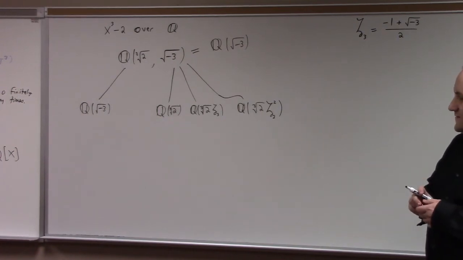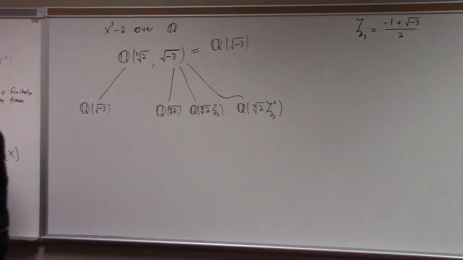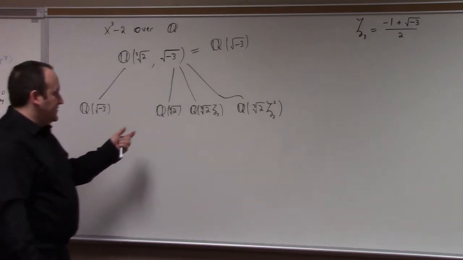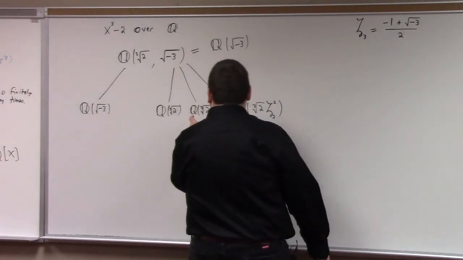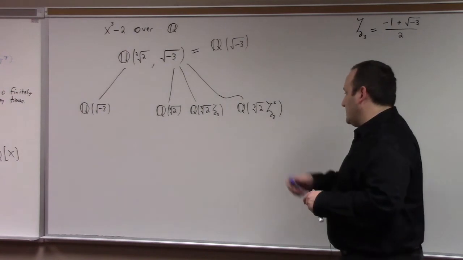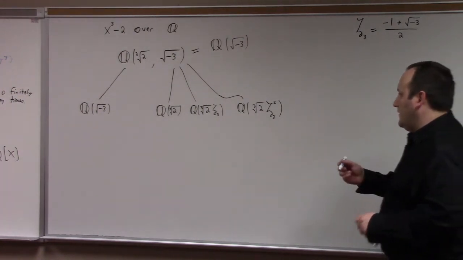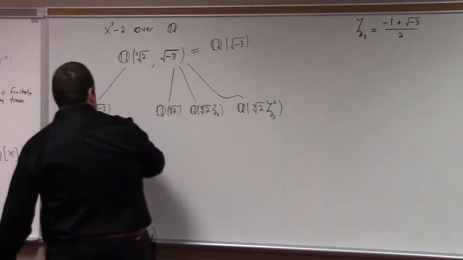These three fields on the right-hand side are what are known as conjugate subfields, I believe, but that's for later. They're related in some sense, right? Those correspond to the different roots of the polynomial we're splitting, right? This field is somehow attached to the cube root of 2. That's the real cube root of 2, then the cube root of 2 times the third root of unity, and then times the third root of unity squared.